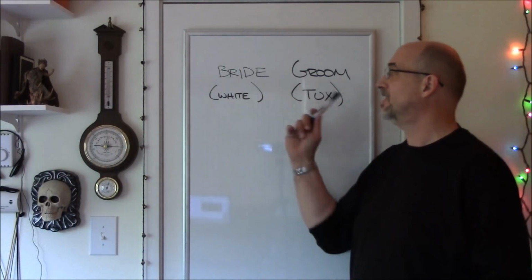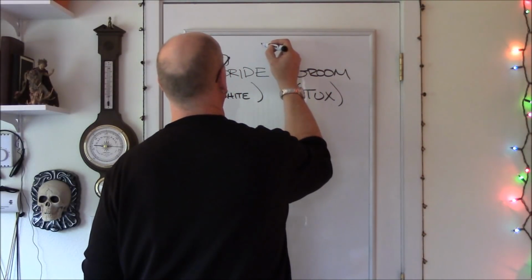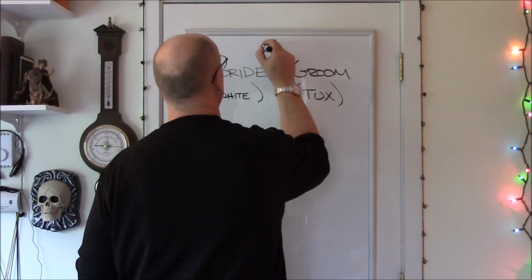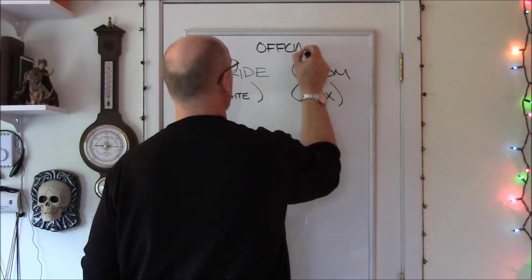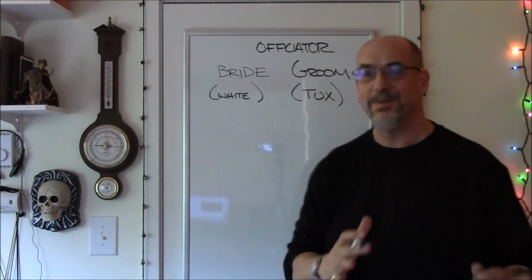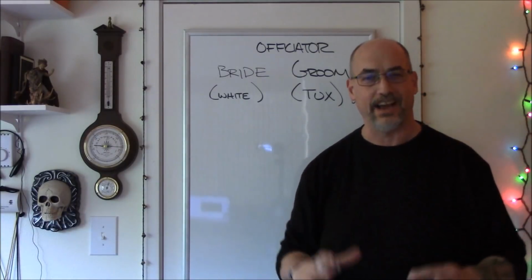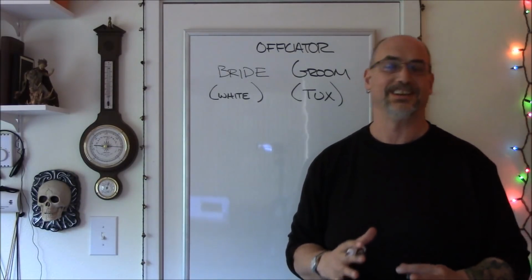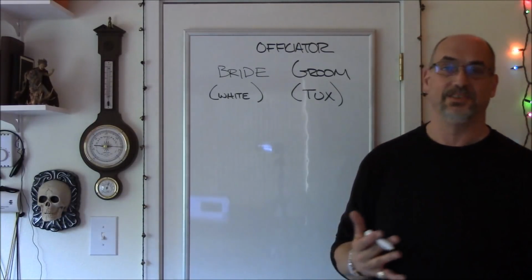So what's going on? Oh, and then of course we have a couple other players here that are of great importance. We have the officiator. And the one member that always seems to get overlooked, at least in terms of just evaluating what is going on an esoteric or any other level, is the father.